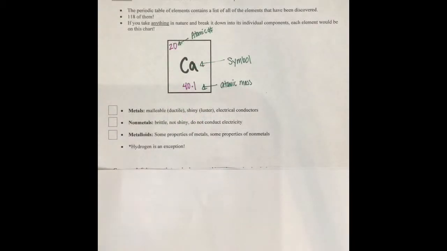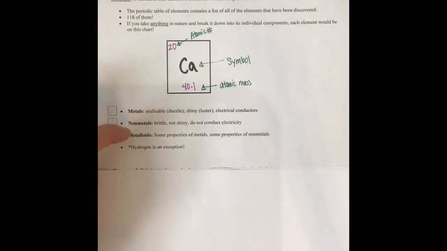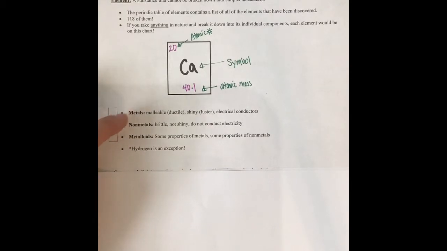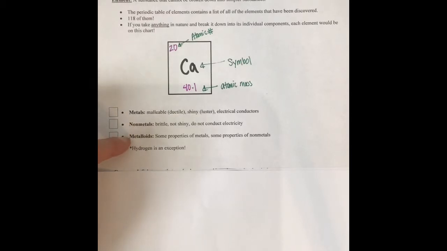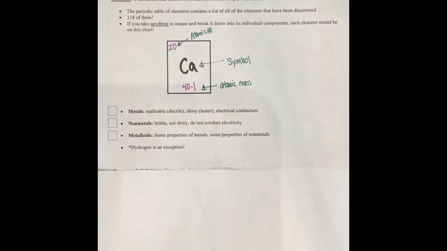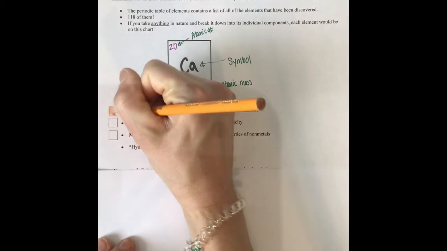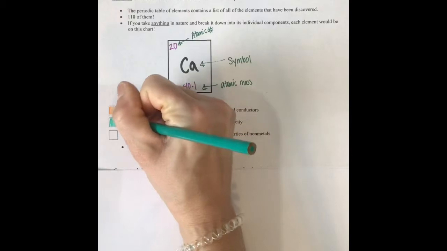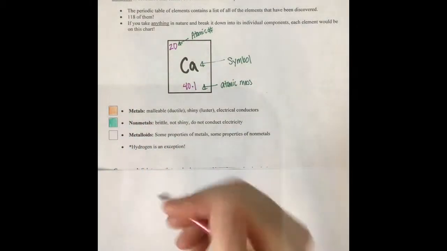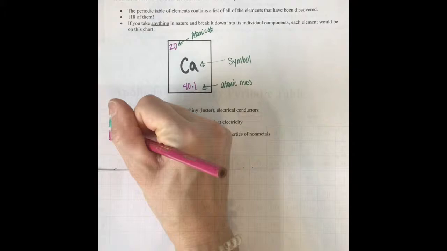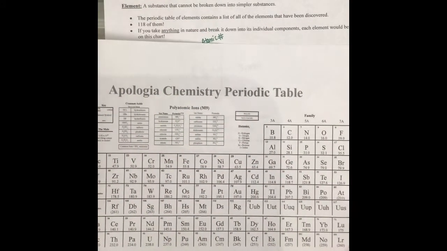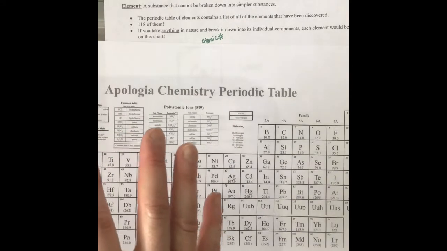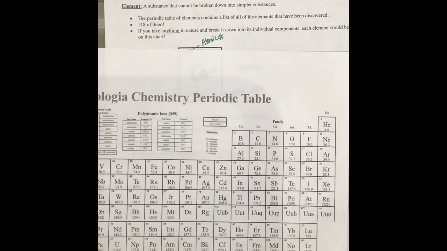Now we're going to take some time to look at the 3 different classes of elements. The periodic table can be broken into metals, nonmetals, and something called metalloids. So you're going to take your 3 colors and just pick one for each of your classes. So this is what I'm going to go with. Now you're going to take your periodic table, and I'm going to show you how to divide the periodic table between metals on one side and nonmetals on the other.